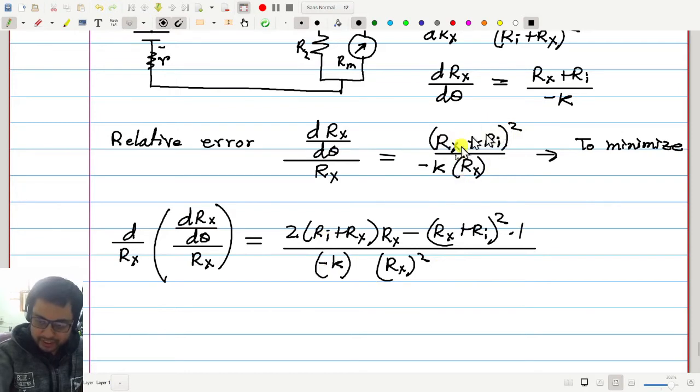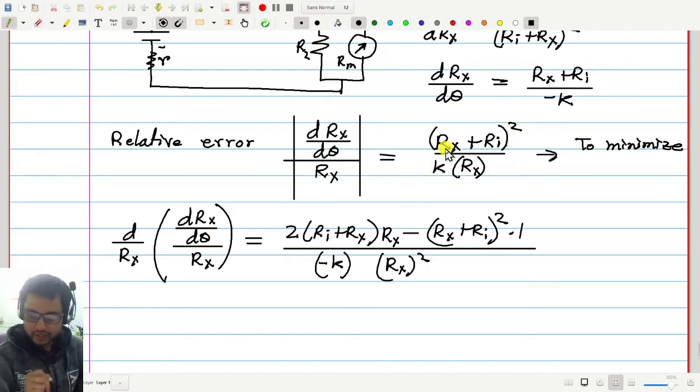Actually, not this quantity, we want to minimize the mod value of this. Otherwise negative error or positive error does not make any difference, but the absolute value of this relative error should be small.